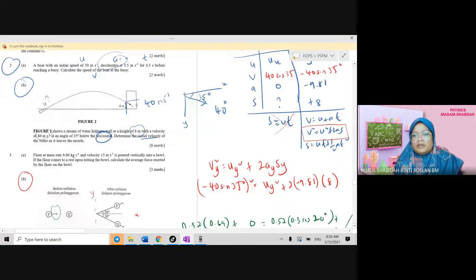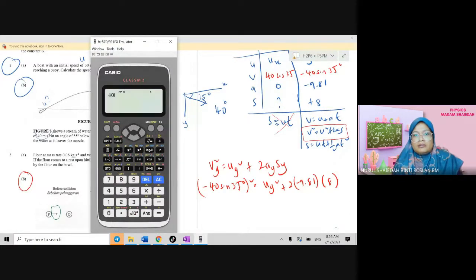Okay. So yang ini akan jadi 40 darab sin 35. So saya dapat jawapan saya square. And then yang ini negatif saya bawa ke sana jadi positif lah. So tambah 2 darab 9.81 darab 8.